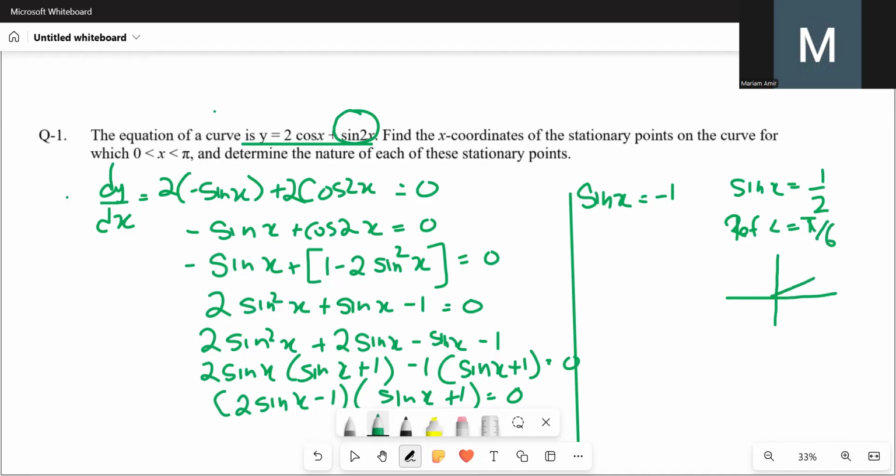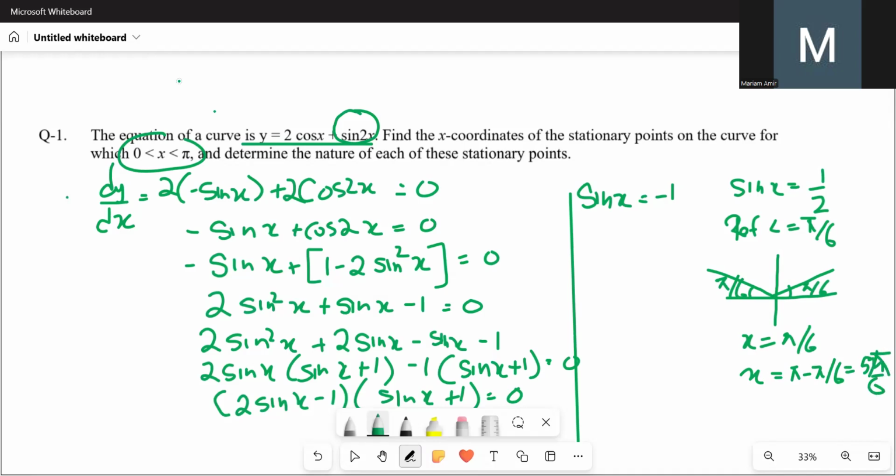Sine is positive in the first and second quadrants, so pi by 6 here and pi by 6 here, both are in the domain, which is 0 to pi. So one value of x is pi by 6 and the other value of x would be pi minus pi by 6, which is 5 pi by 6.